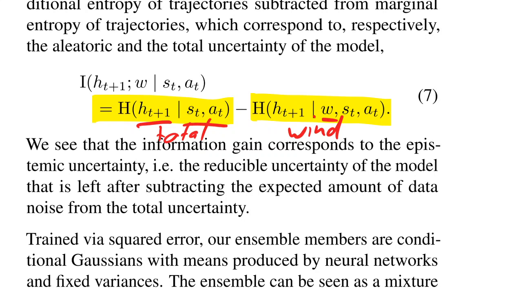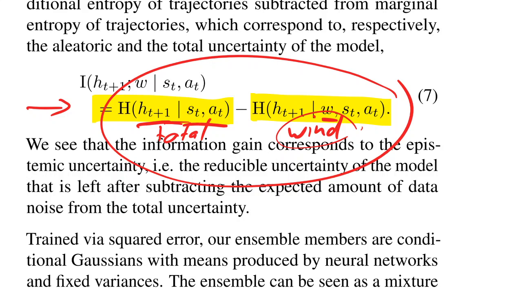So you want something where the total uncertainty is high, but the uncertainty of the stochasticity of the world is low. If you maximize this entire quantity, because I called one of them total, that means you are going to seek out actions where what's left is only the uncertainty that you yourself don't know, right?